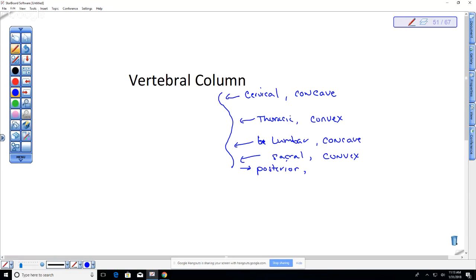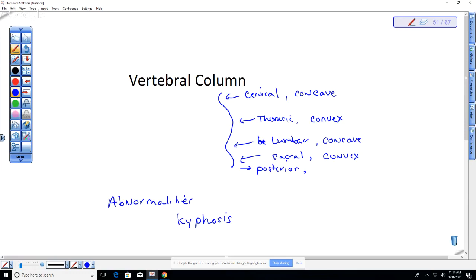Now, sometimes we can have abnormalities. We can have what is called kyphosis. This is where your cervical vertebrae start to come the other way, so they become concave, and then you get an exaggerated thoracic curve.